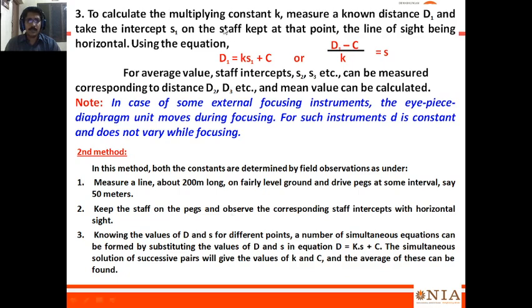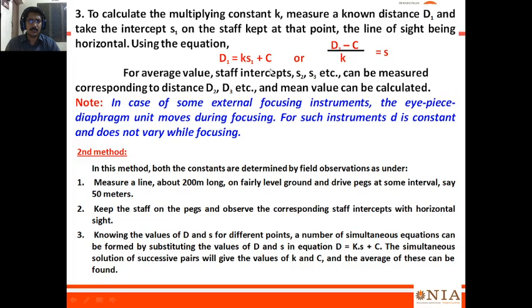To calculate the multiplying constant K, measure a known distance D1 and take the intercept S1. That S1 can be determined by subtracting the bottom reading from the top reading on the staff kept at the point, the line of sight being horizontal. It is more important that it is horizontal.